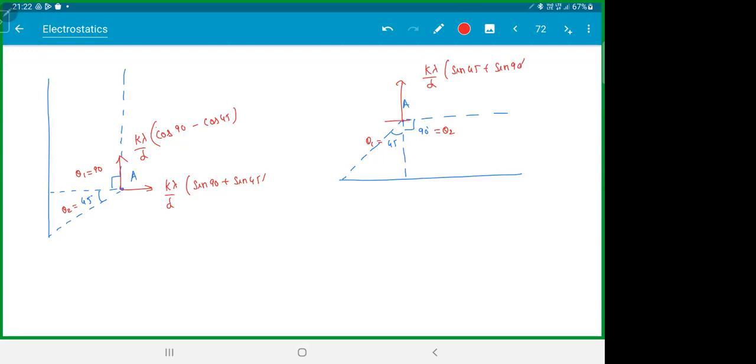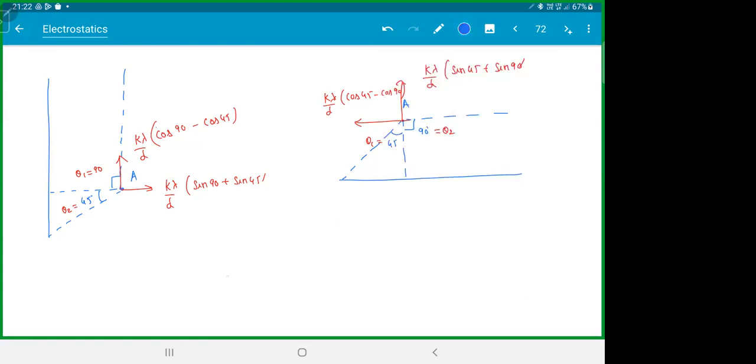The other component will be in the direction of theta 1: k lambda by d (cos 45 minus cos 90). I hope you are getting the meaning of this. It is important you define your theta 1, theta 2, and put it in that direction. That's a better way of remembering the formula rather than i cap, j cap. That will be confusing.